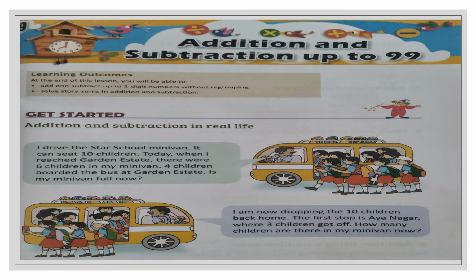So, he is asking us if the capacity of its minivan is 10 seaters, is the minivan full now? Yes, it is full now because 6 plus 4 gives us 10. Yes, children. So this was an example of addition here.